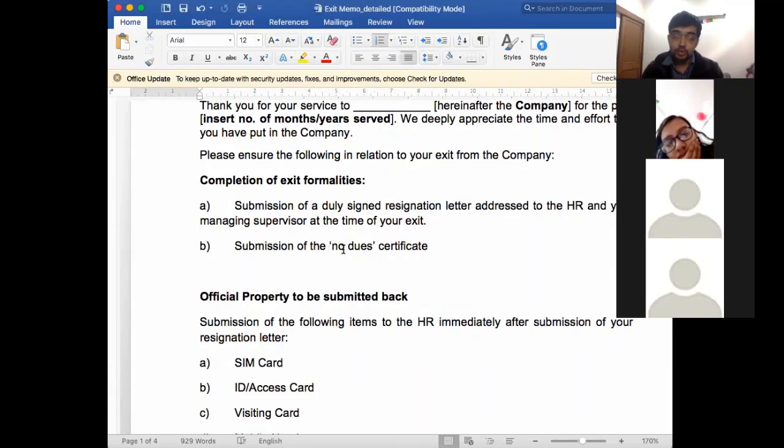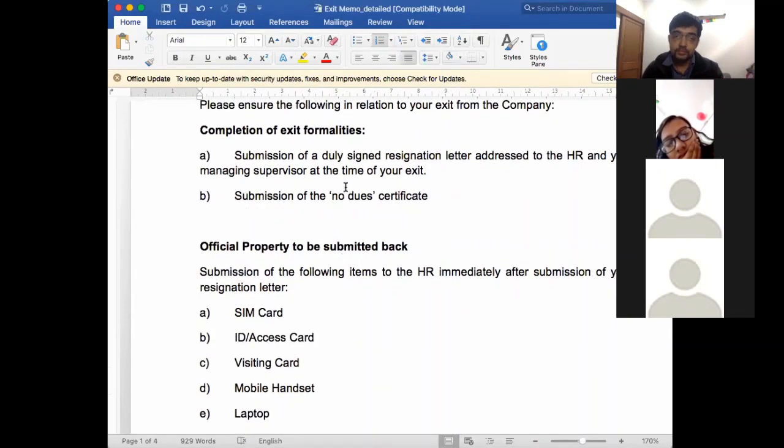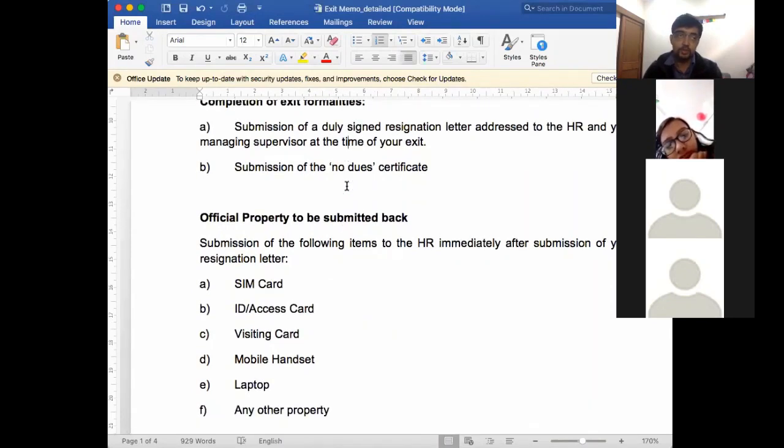Submission of a no dues certificate. So the employee is countersigning on these to ensure that there are no further payments due, and that the resignation is being undertaken voluntarily. Because tomorrow you don't want an employee who resigned to say that these guys had made it so difficult for me to work that I had to leave. You don't want all that happening, right?